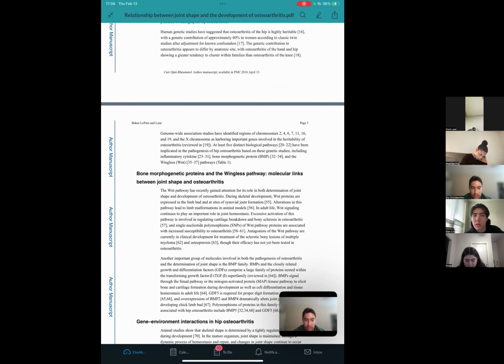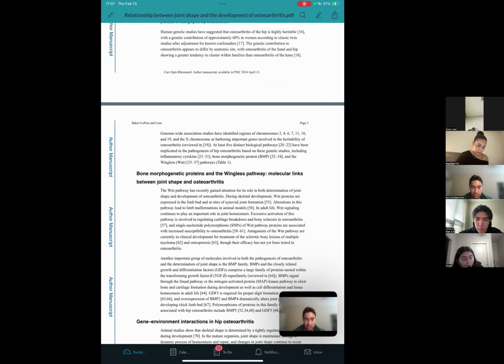Alterations in this pathway lead to limb malformations in animal models. In adult life, wingless pathway signaling continues to play an important role in joint homeostasis. Excessive activation of this pathway is involved in regulating cartilage breakdown and bony sclerosis in osteoarthritis, and single nucleotide polymorphisms in wingless pathway proteins are associated with increased susceptibility to osteoarthritis.